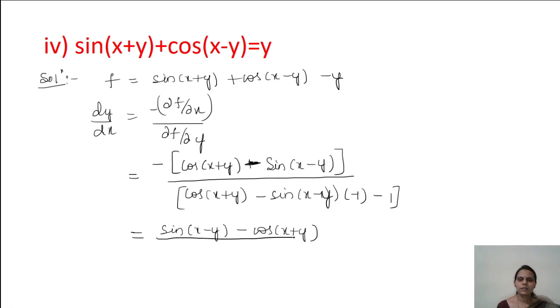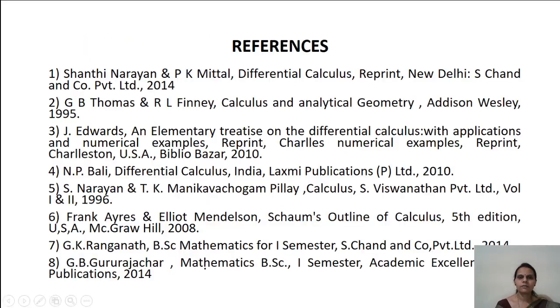So we got sin(x−y) − cos(x+y), and the denominator becomes cos(x+y) + sin(x−y) − 1. This is the differentiation of the given implicit function.